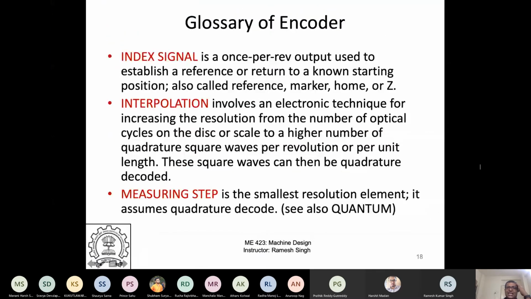Then there is the index signal. The index signal is once per revolution, so it gives you how many turns you have made. Then there's interpolation, an electronic technique for increasing the resolution from the number of optical cycles on the disk to a higher number using quadrature. Using quadrature, you can interpolate, and this will enhance your resolution.